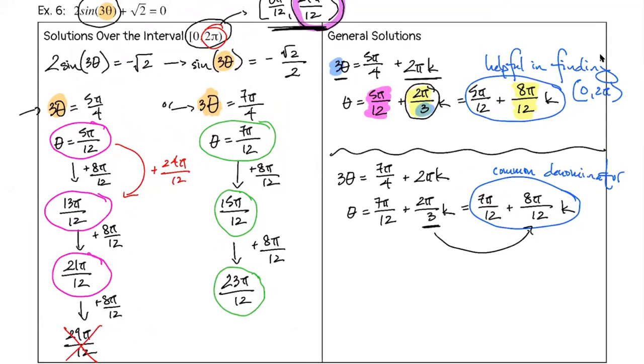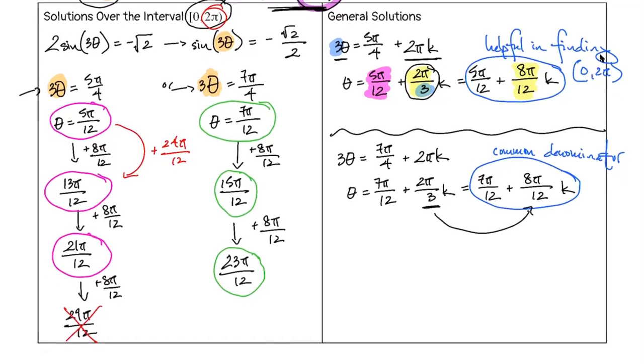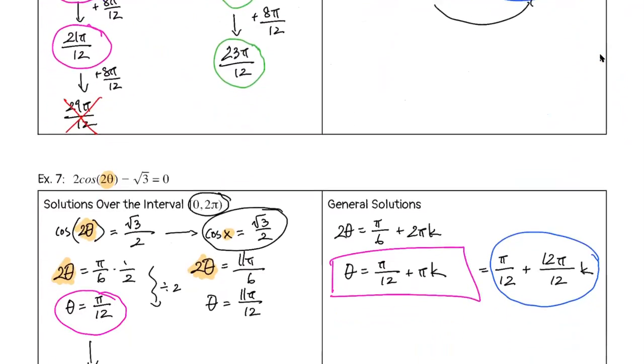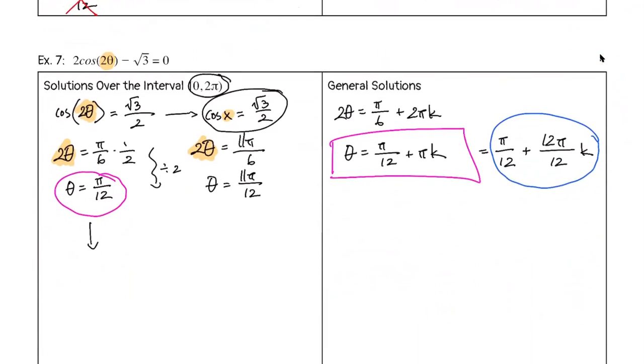And 2 pi over 3 is where the 8 pi over 12 comes from. Okay. This time, though, we're dividing by 2. So when we divide by 2, we get pi, not 2 pi over 3, right?